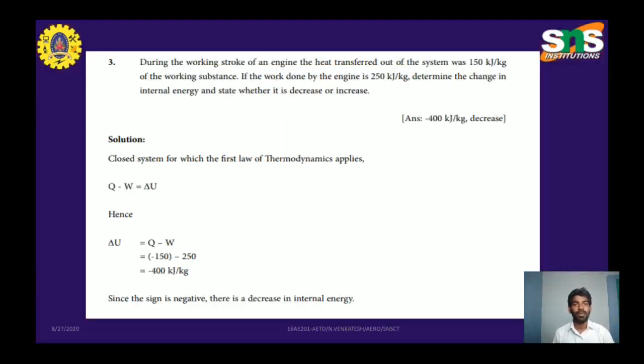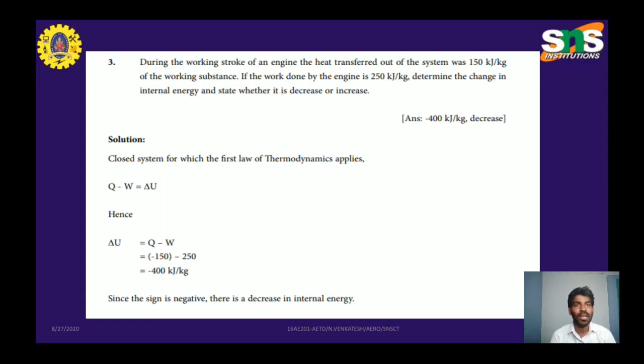This is the next problem of the first law of thermodynamics. During the working stroke of an engine, the heat transfer out of the system was 150 kilojoule per kg of the working substance. If the work done by the engine is 250 kilojoule per kg, determine the change in internal energy and state whether it is a decrease or increase.